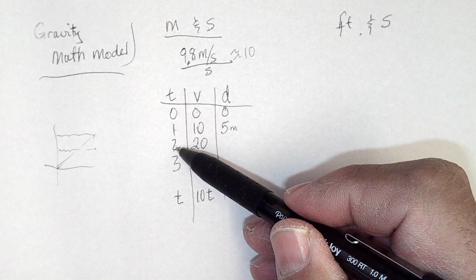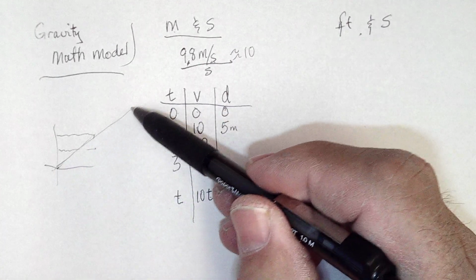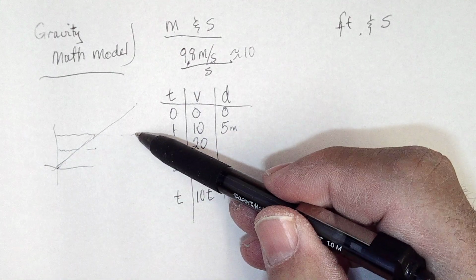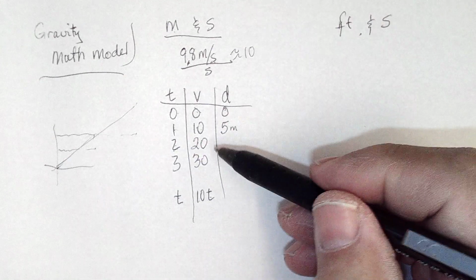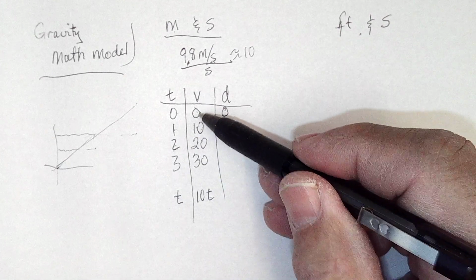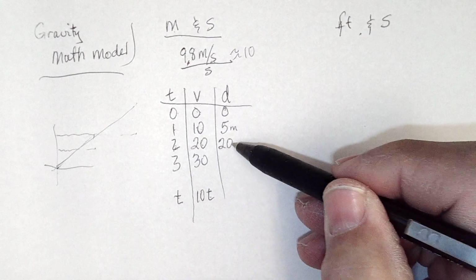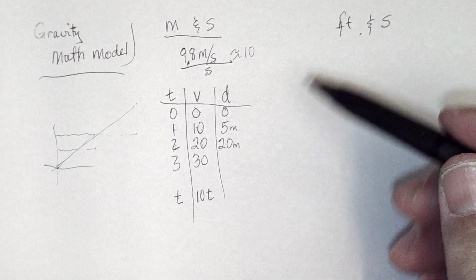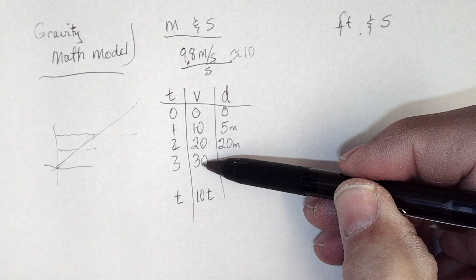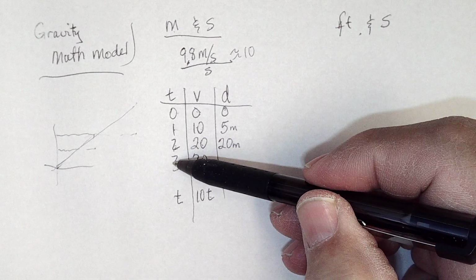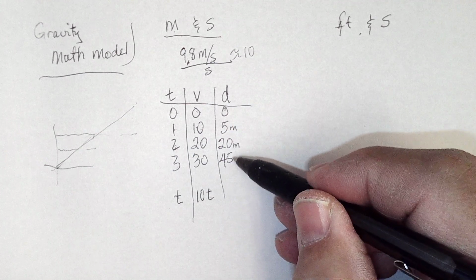After 2 seconds, it went from 0 to 20, so its average speed is 10, and 10 for 2 seconds is 20 meters. And after 3 seconds, it goes from 0 to 30, which is an average of 15 for 3 seconds. So 15 times 3 is 45 meters.